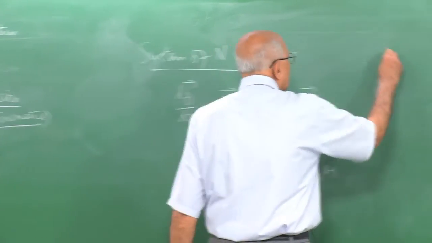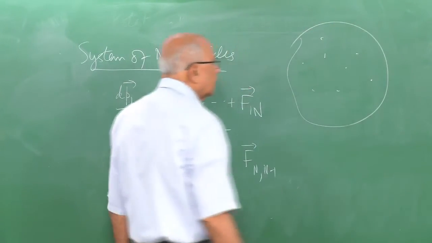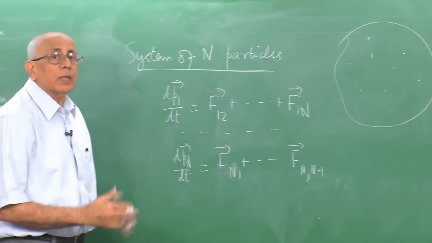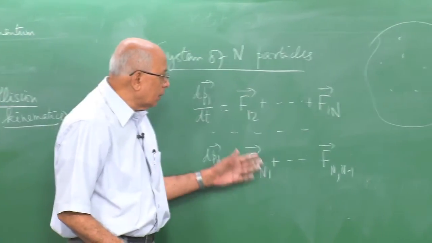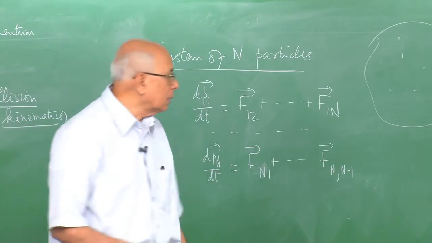So here's the system of these n particles which are in interaction with each other due to some unspecified forces which are given by F12 right up to Fn comma n minus 1.